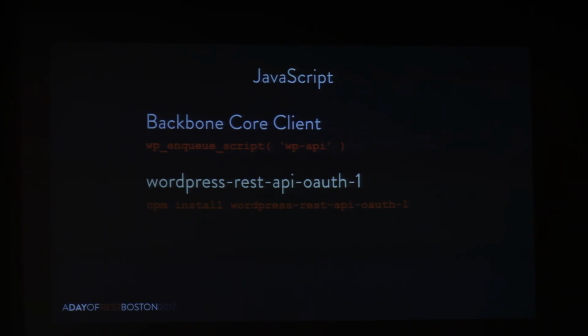The second one is one that I wrote really just because I wanted to be able to use OAuth 1 from JavaScript. So you can just install that with npm install. This is a very basic client that just allows you to do the OAuth flow and then send requests to endpoints with get, post, or delete.